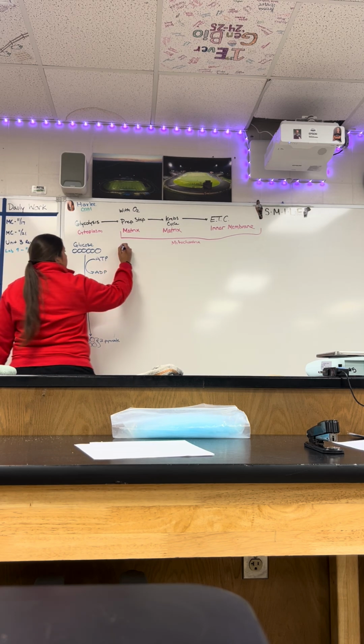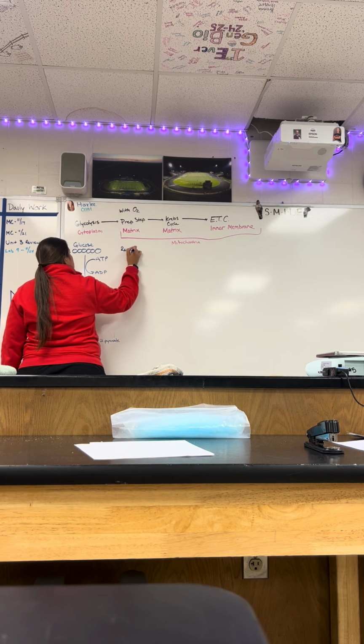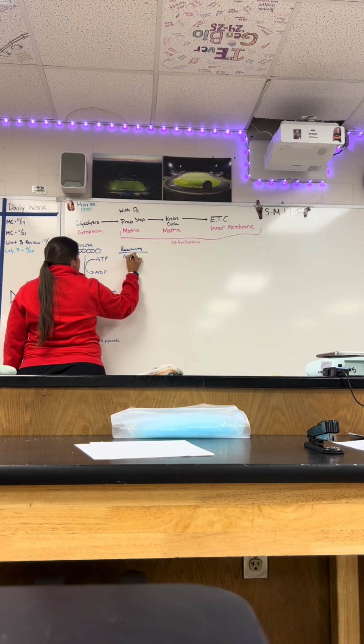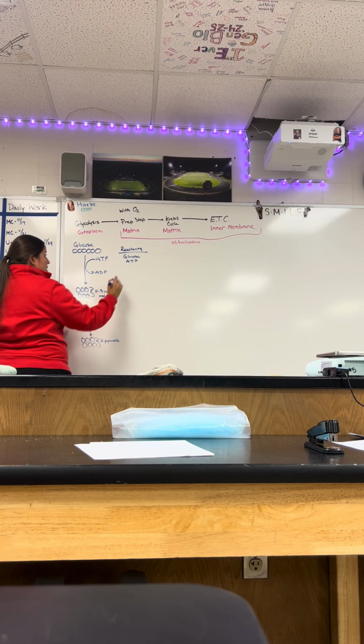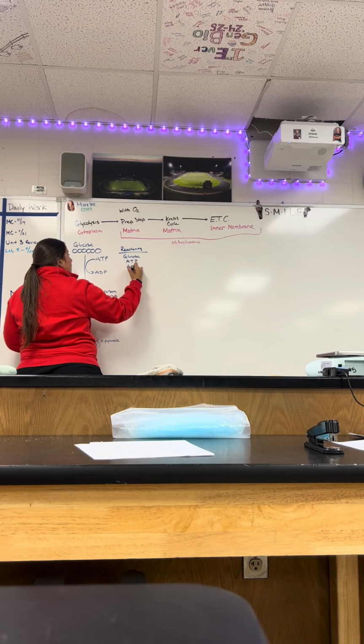Okay? So if we were looking at the reactants for this, it needs glucose. It also needs ATP. Down here, this is again why it's unique, we're about to use ADP.